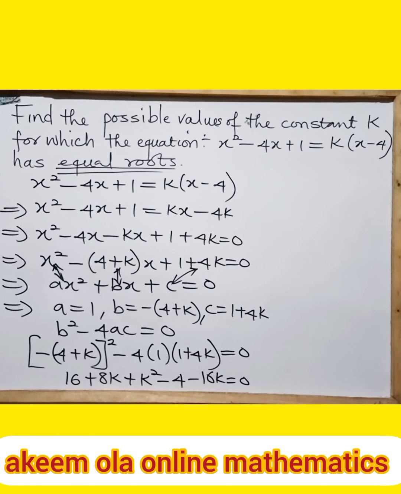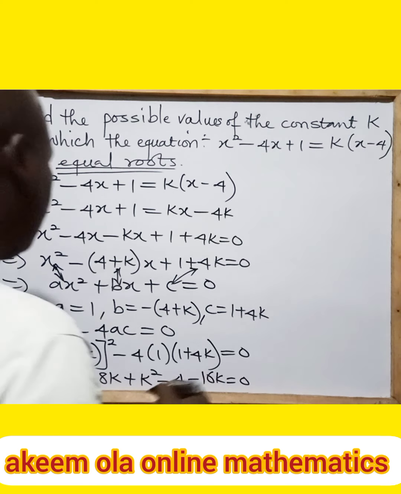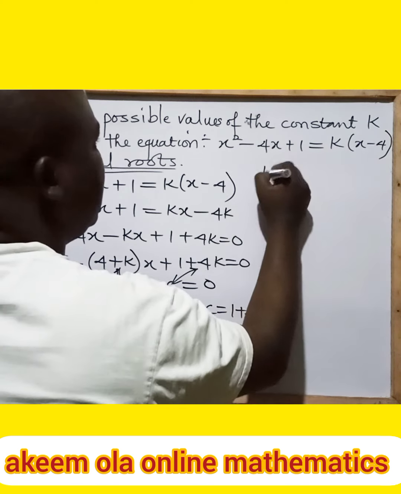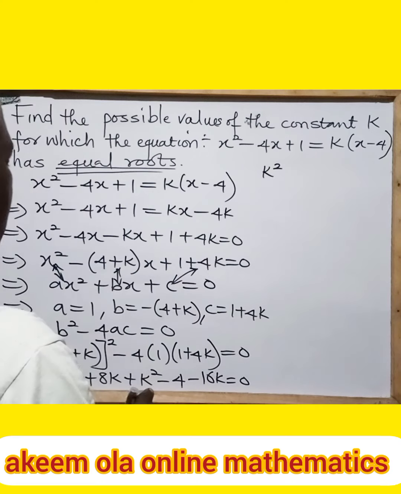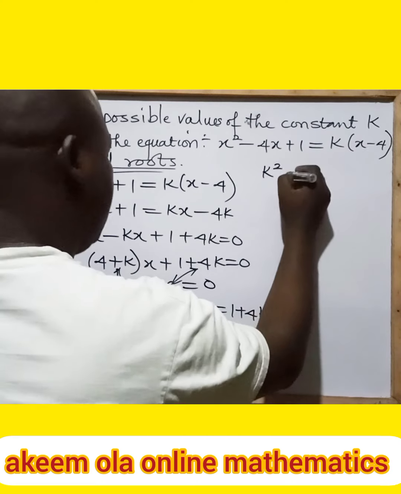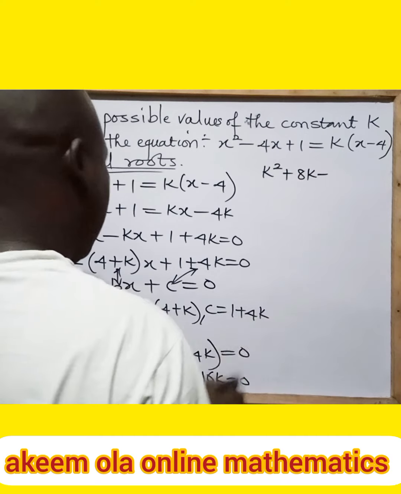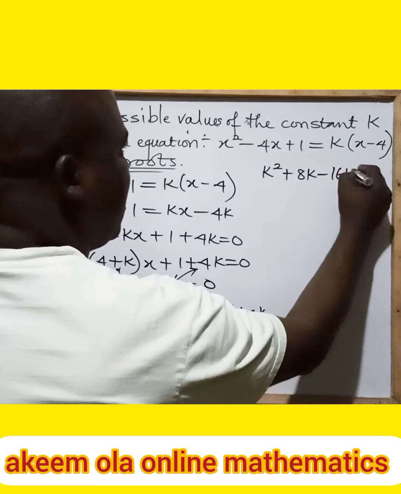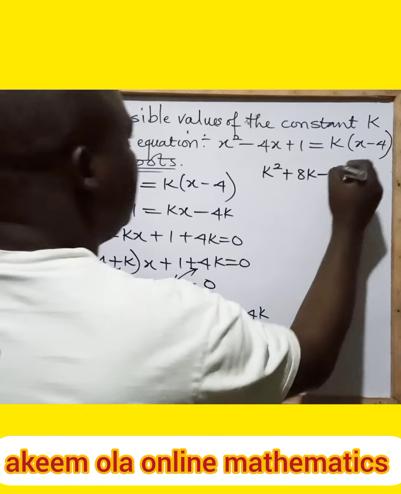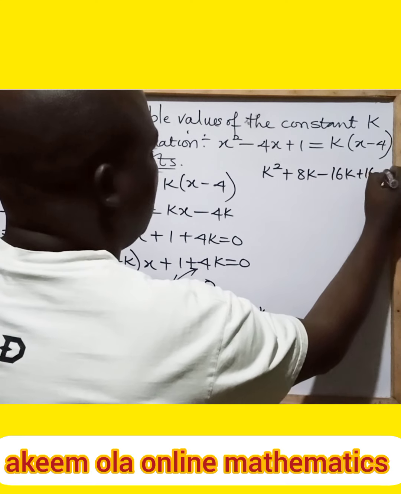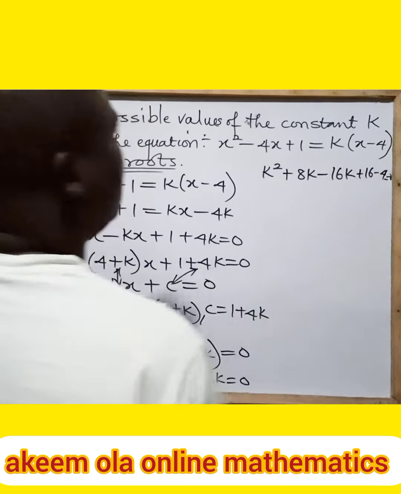So from there, if you rearrange the equation, we are going to have k squared plus 8k minus 16k, then plus 16 minus 4 is equal to 0.